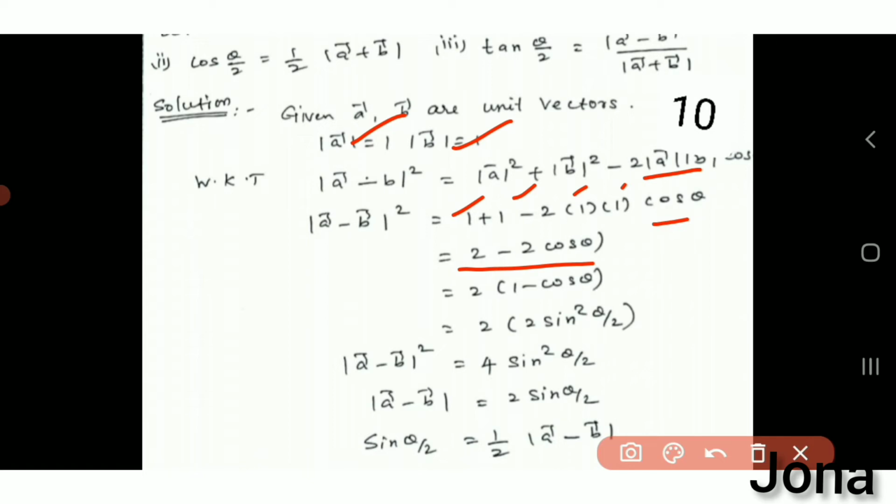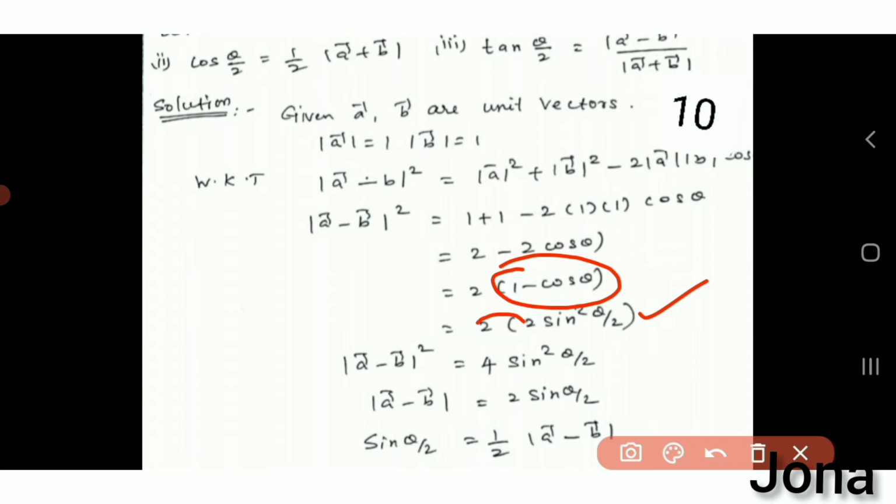Take 2 as common here: 2 into (1 minus cos theta). In the trigonometrical formula we know that 1 minus cos theta equals 2 sin square theta by 2. Substituting this value and multiplying, 2 into 2 is 4, so 4 sin square theta by 2. So modulus of A vector minus B vector the whole square equals 4 sin square theta by 2.